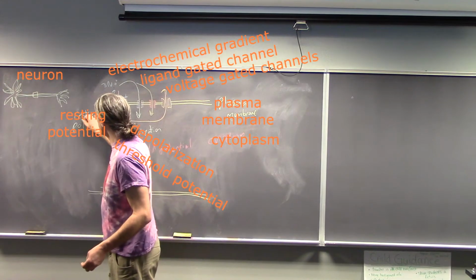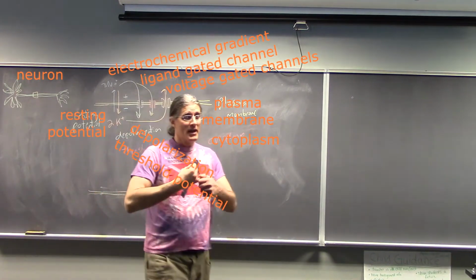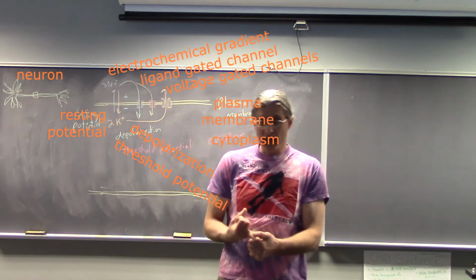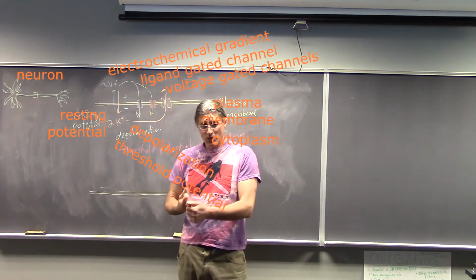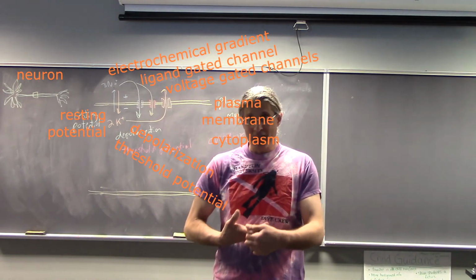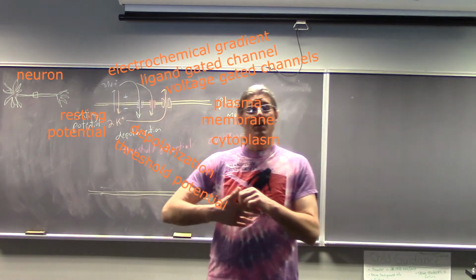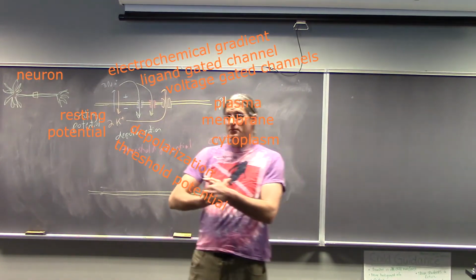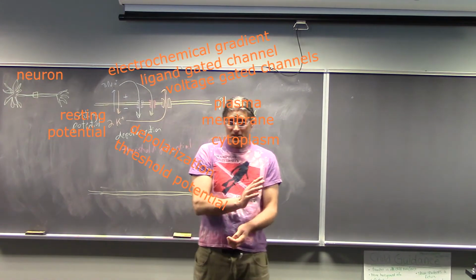So resting potential is the original state. Resting potential can be followed by sodium ions coming in, in sufficient numbers that you reach a threshold potential, which then opens up the voltage-gated channels, which bring more sodium in, which then stimulates the opening of further voltage-gated channels adjacent to the ones that had just opened up.